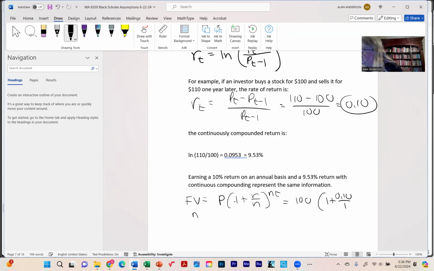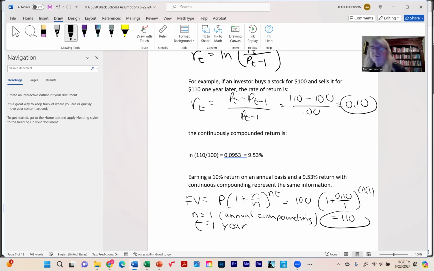N is the compounding frequency, which in this case is 1. And let's again assume it's an annual, 1-year investment. Just to keep it simple, you'll end up with $110.